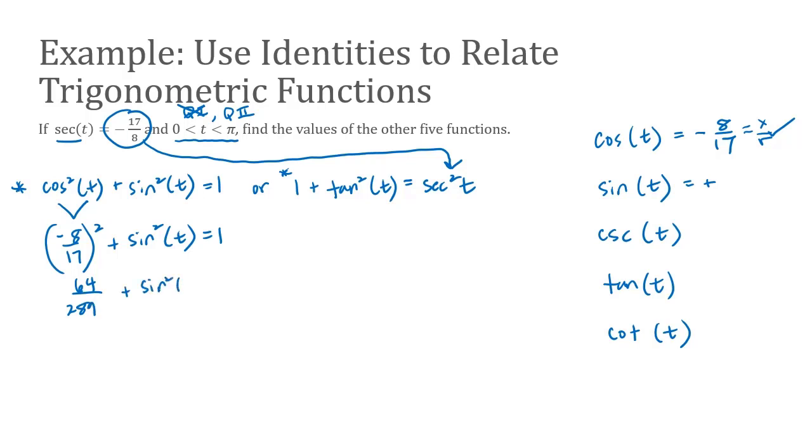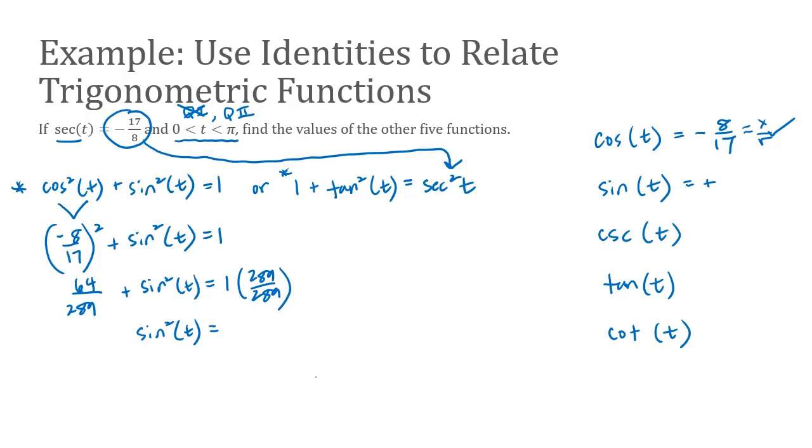All right, so I'm going to subtract 64 over 289 from each side, and I might use my calculator, or maybe instead of equaling 1, I'll think of this as 289 over 289, because then maybe I don't need a calculator.